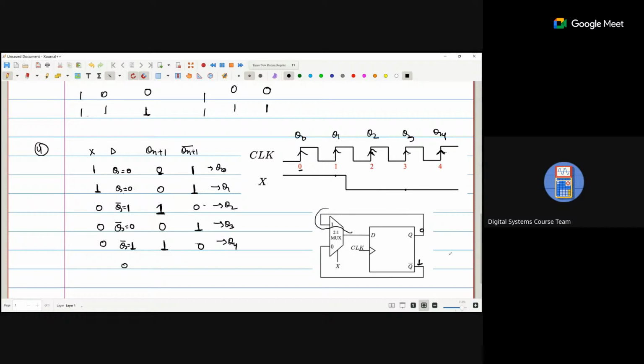So finally the output is 0, 0, 1, 0, 1. So what is the answer? 0, 0, 1, 0, 1.